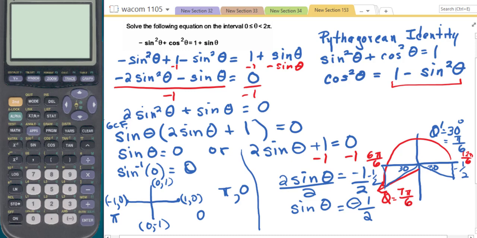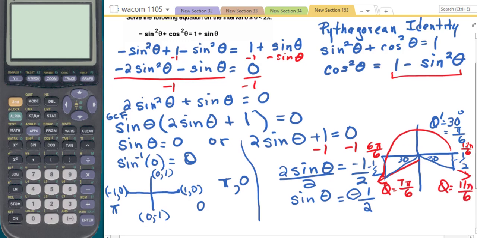And for the other one, we did have to rotate in the counterclockwise direction, because it says between 0 and 2 pi, so we're not allowed to rotate negative there. To get to the other one, this arm is 1/6 less than this one, so that is going to be 11 pi over 6.